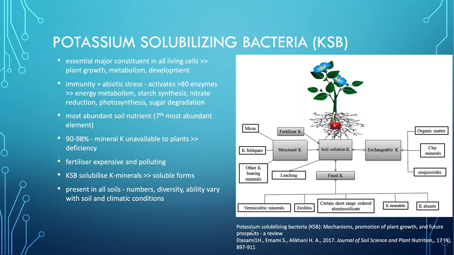So once again, we don't need to add a synthetic variant of this to soil. 90 to 98% of the mineral is actually unavailable to plants and causes deficiency. And fertilizer is actually quite expensive and polluting, but potassium solubilizing bacteria make the potassium available to the plant. They solubilize that mineral from the soil.